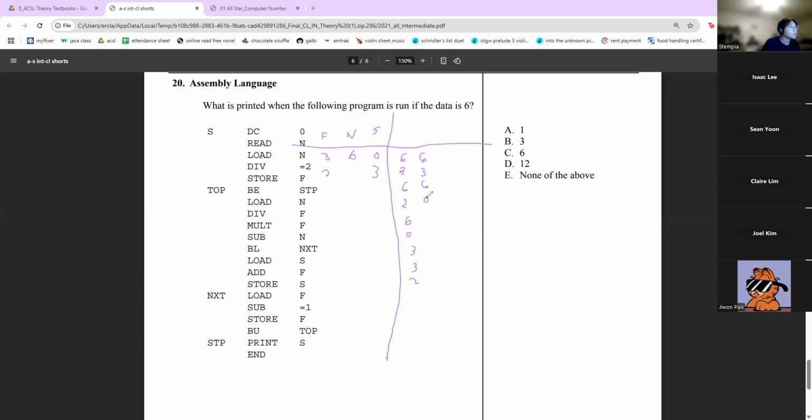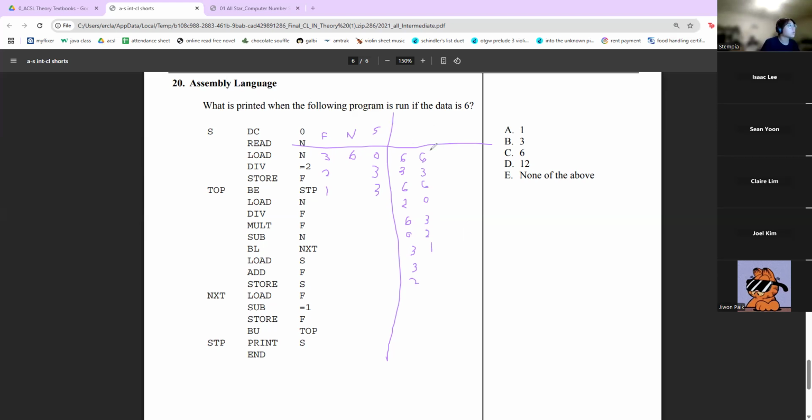Subtract N to give us 0. It's not less than 0, so we move on to load S, store this in S, load F, subtract 1, store it in F, and go back up to the top.